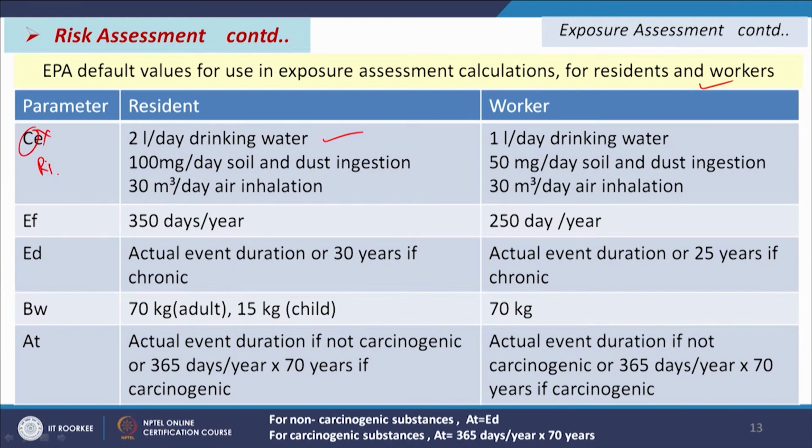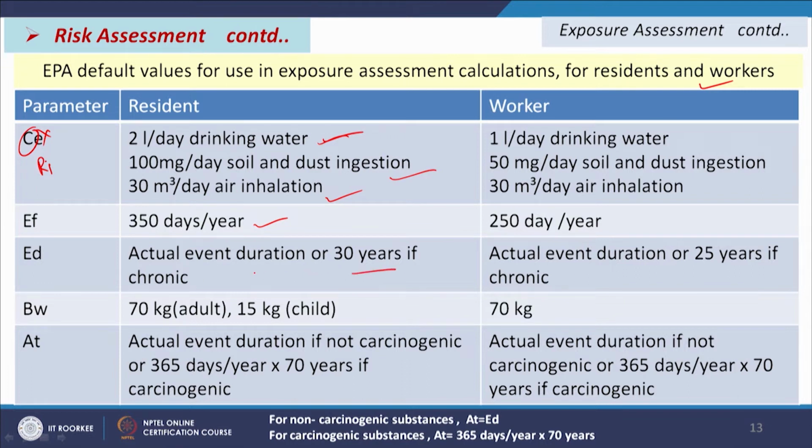Then the EPA, Environmental Protection Agency USA, has some default values for use in exposure assessment calculations for residents and workers. Ri, the rate of intake, is 2 liter per day for drinking water, 100 mg per day for soil and dust ingestion, and 30 meter cube per day for air inhalation. Similarly EF, the exposure frequency, is 350 days per year, and for residents the ED value is actual event duration, or 30 years if chronic.